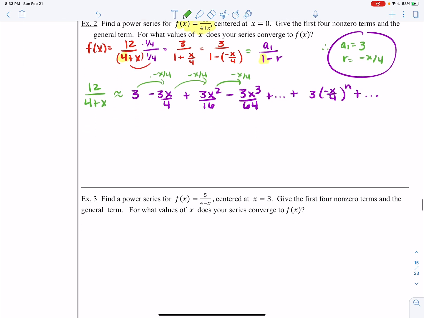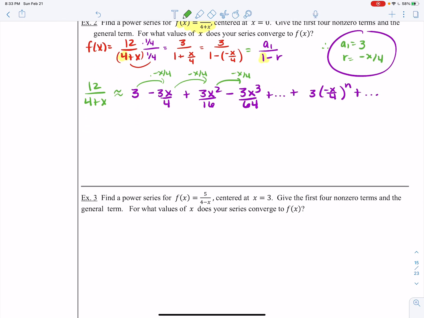So how do I make this thing converge? Well, remember that you need your common ratio to be less than 1. So if my common ratio is -x over 4, let's split this up between -1 and 1. Let's multiply by 4.